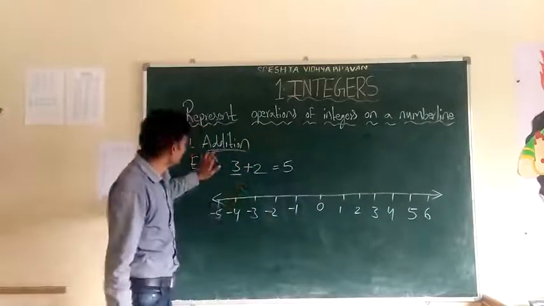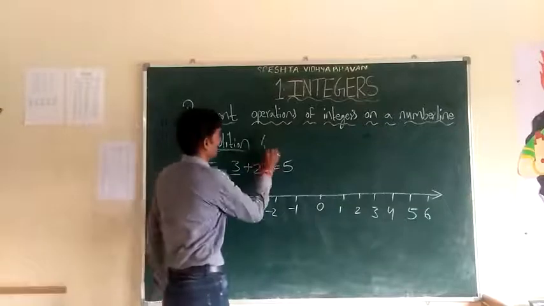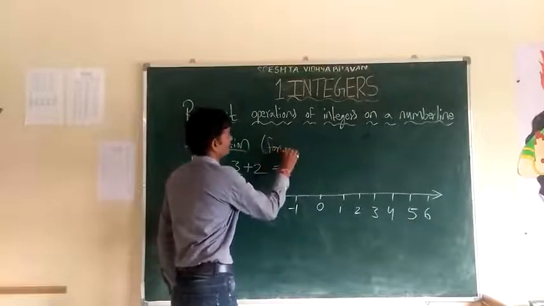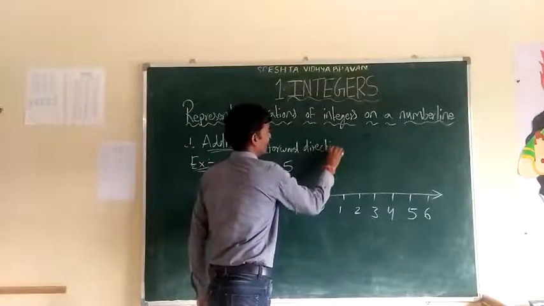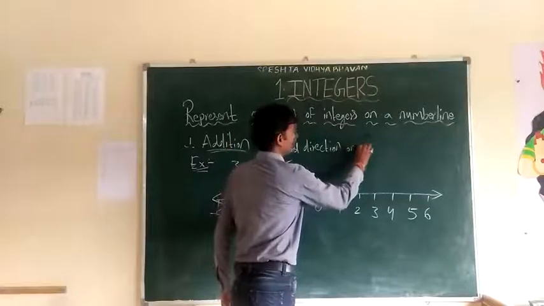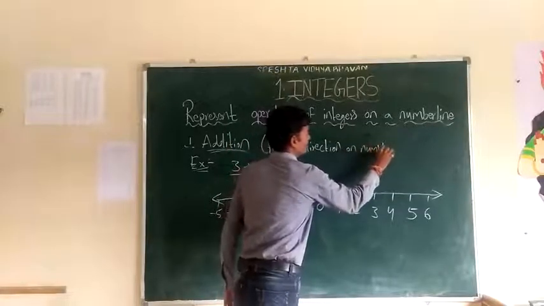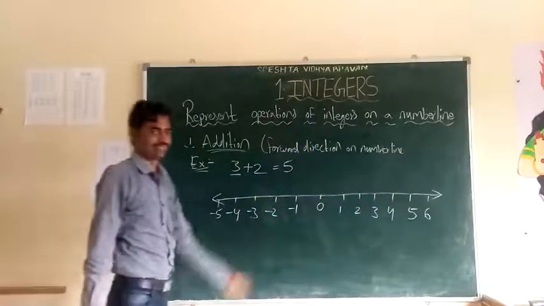Positive means it is an addition. Addition means it is a forward direction. We have to move in the forward direction on the number line.